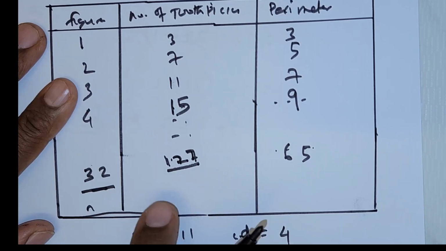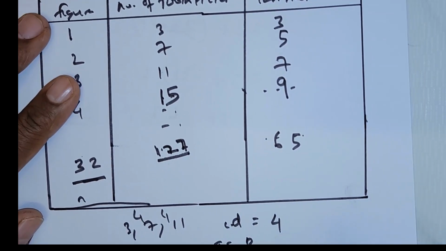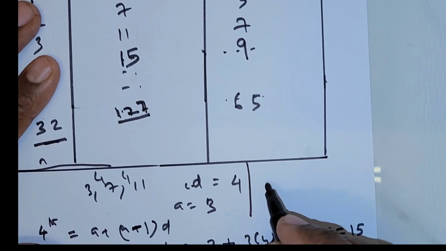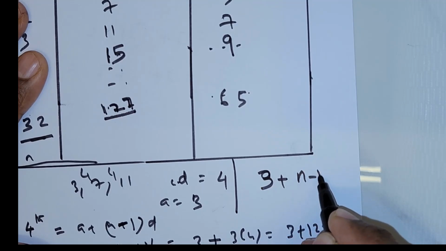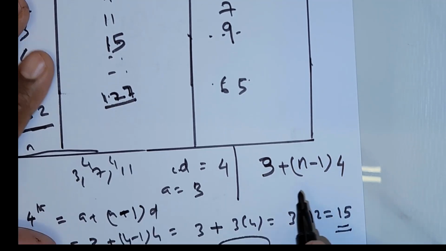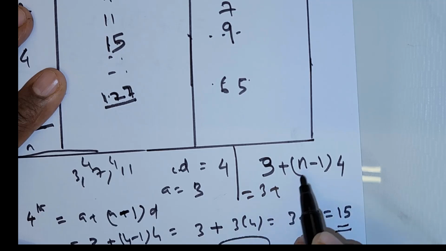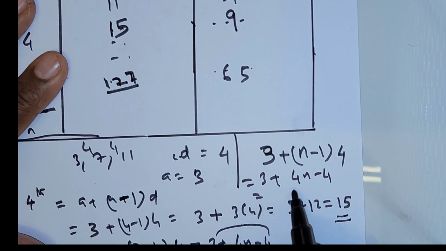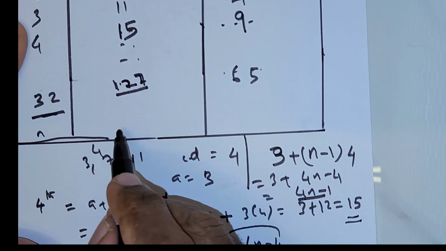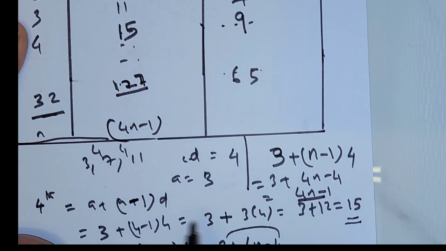Now for n, we have to write the values. As I mentioned to you, for n, the value of a is 3 plus (n minus 1) times 4, right? So this is going to be 3 plus 4 times n minus 4, which can be rewritten as 4n and minus 1.